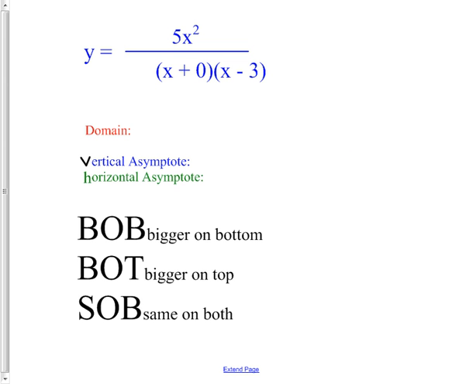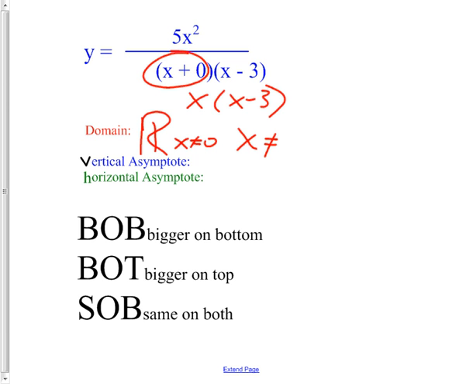This one. The domain. What are the things that would mess up my domain? All real numbers would work except what? What's this one mean? What would mess that up if x was what? 0. That's the same exact thing as if I had said this. X can't be 0. So all real numbers, x cannot be 0. X cannot be also what? 3.